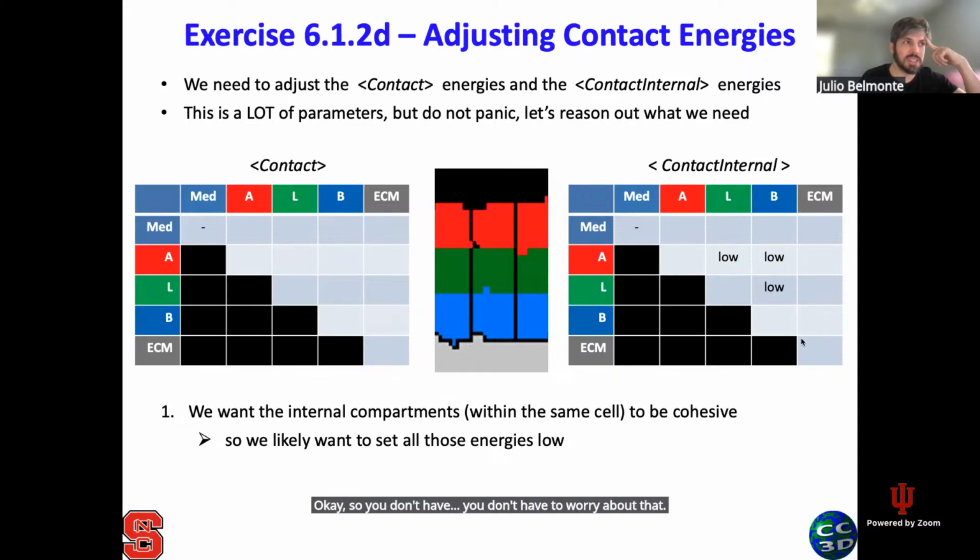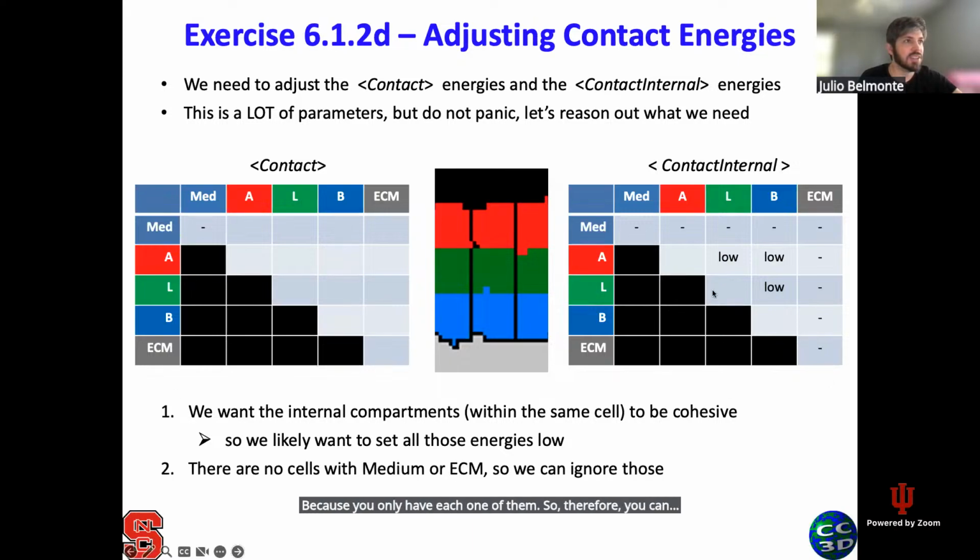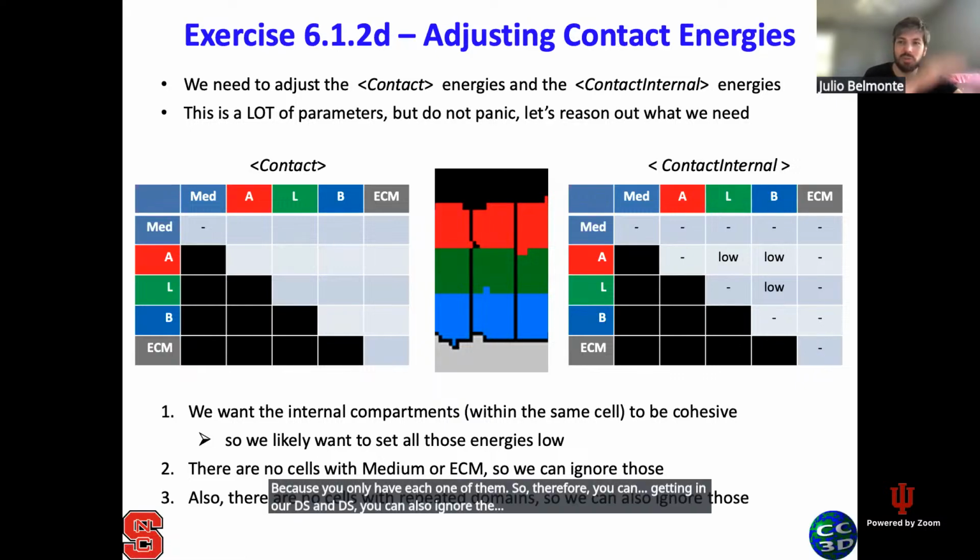What about this diagonal term here? Do you have to worry about this or not? Why not? Because you only have one of each, so you can ignore this and this. You can also ignore that other one because we never have repeated compartments inside the same cell.